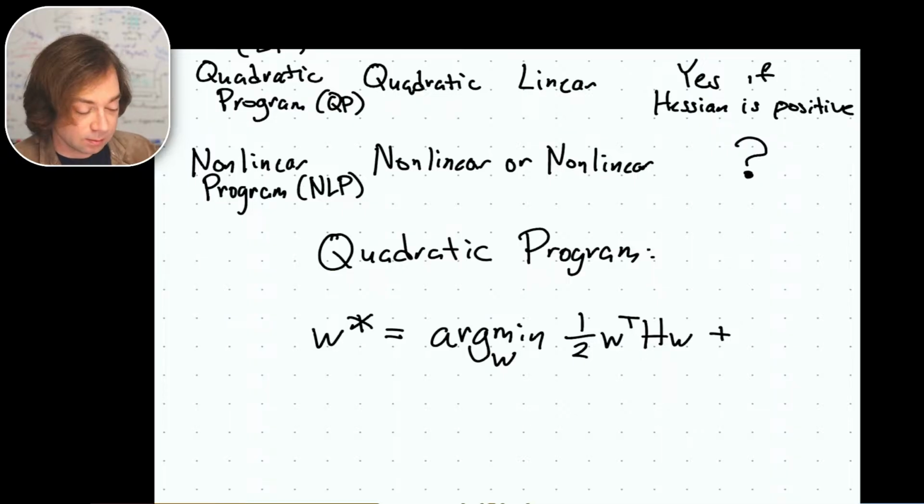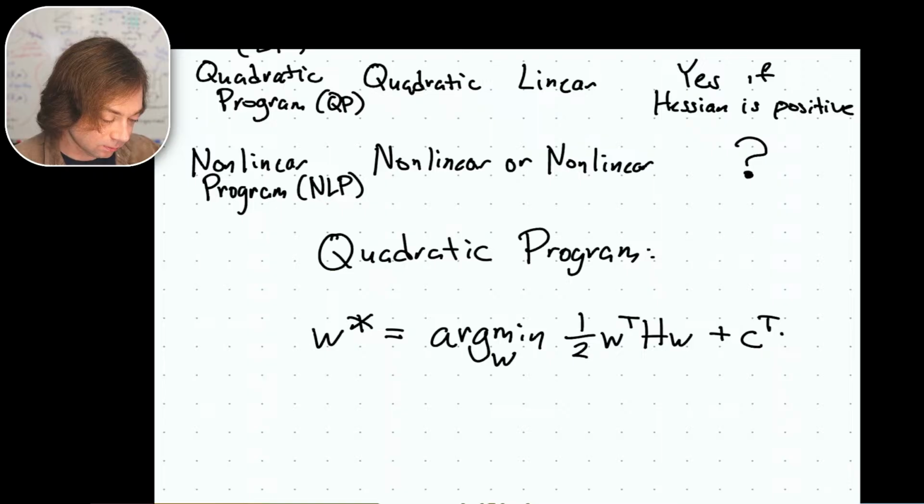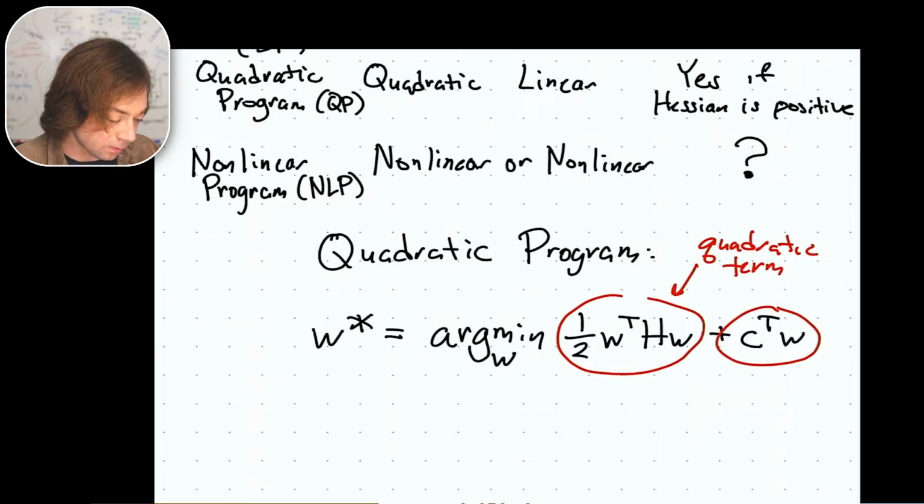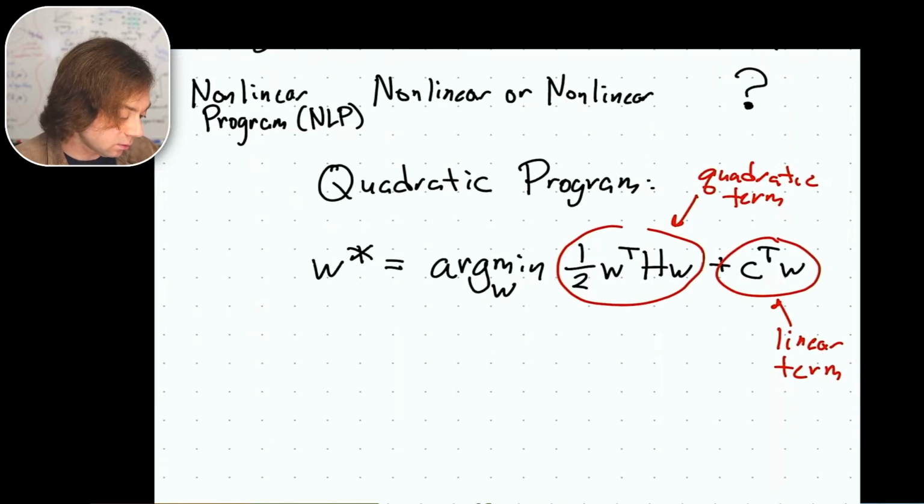Plus a linear term, C transpose W. So here you have a quadratic term. And here you got your linear term. Okay, subject to the constraint.